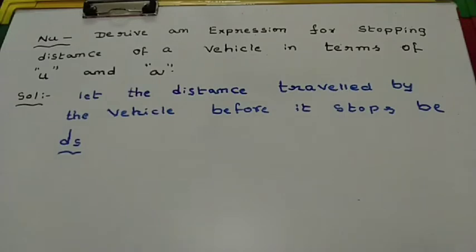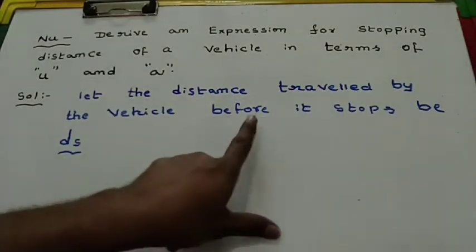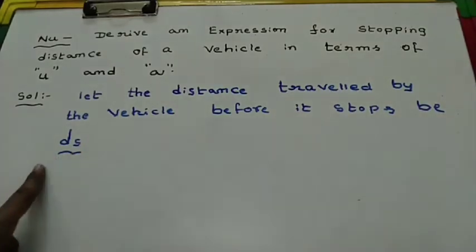Once again I am repeating this point: let the distance traveled by the vehicle before it stops be ds.